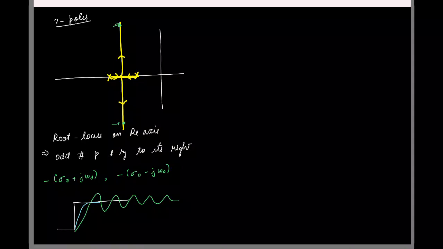Where do you want the poles to be? On the real axis. If you have them on the real axis, this imaginary and sinusoidal portion is not there. So I'll just say it is good to have poles on the real axis.